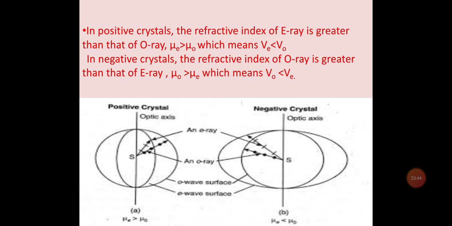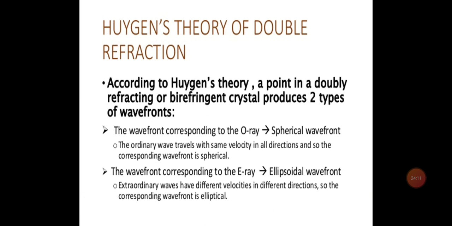Now in the case of the negative crystal, you can see that the refractive index of the O ray is greater than that of the E ray, which means the velocity of the O ray is less than the velocity of the E ray. In the negative crystal, the surface of revolution, that is the sphere corresponding to the O ray, is completely inside the elliptical shape corresponding to the E ray. So this was about the positive crystal and the negative crystal.